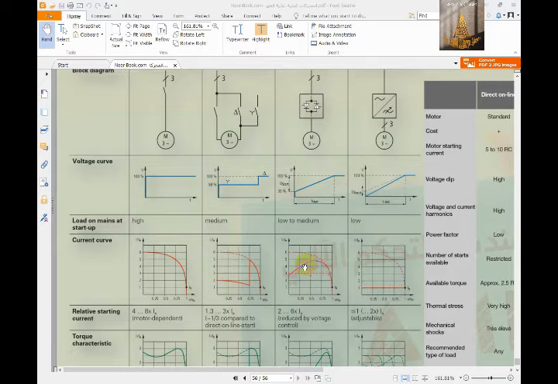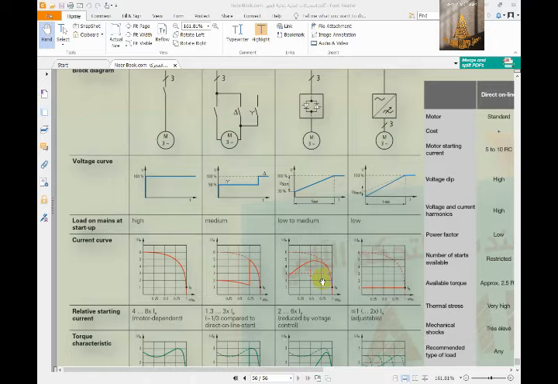It may reach a 5 ratio between I over IE. So there is a very dangerous part according to current, okay, because it's starting within a voltage curve softly, but within a current curve it's not softly.